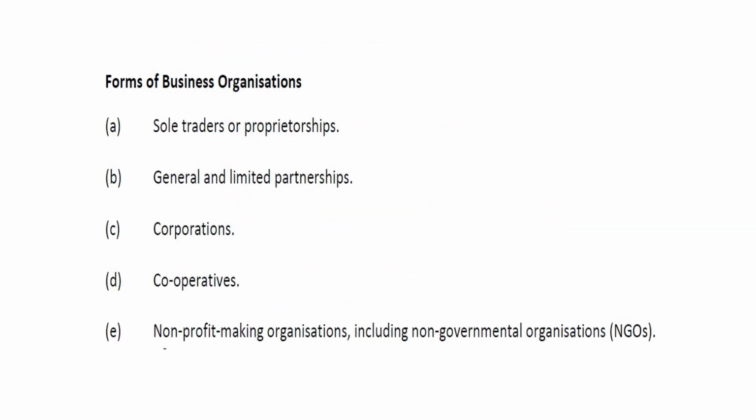Our next topic is the forms of business organizations, and we have 5 different forms here. For sole traders, partnerships, corporations, cooperative, non-profit making organization, including non-governmental organization. We need to know the character of each type of this organization that we have here.